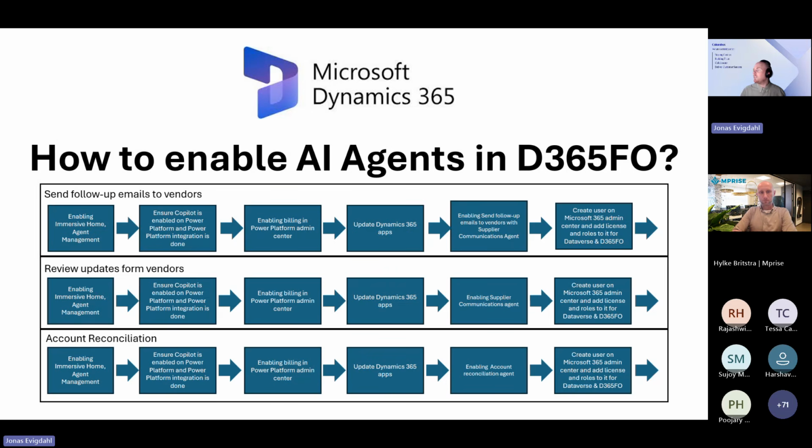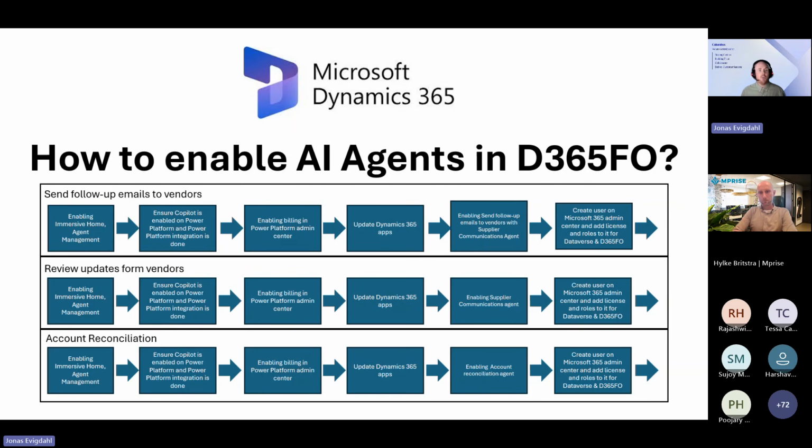So we are just enabling the features in D365. After enabling the features in D365, we have to go to the Microsoft 365 admin center, create a user for these agents, and add the Copilot license and a supply chain license for F&O or a Power Apps Premium license.